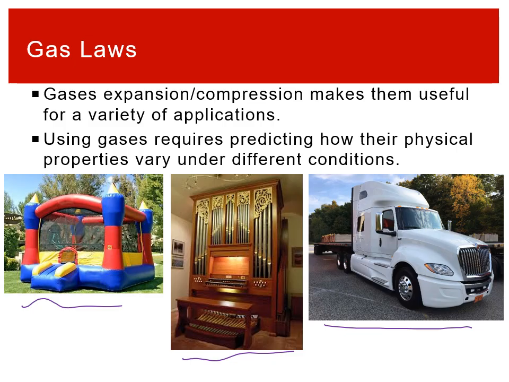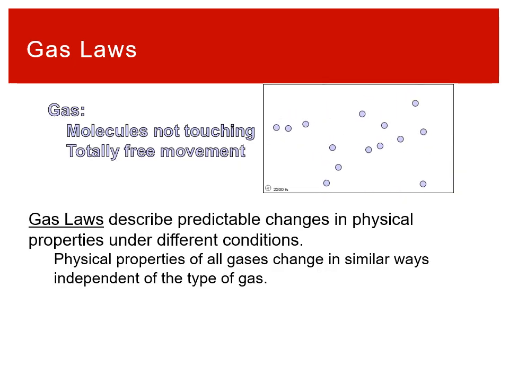And if we're going to be using gases, we want to be able to say we want a certain volume of gas, or we want to change the volume of a gas. We want to be able to control the physical properties of gases. So how we predict these is by using what are called gas laws. And the whole purpose of gas laws is that they allow us to predict changes in physical properties.